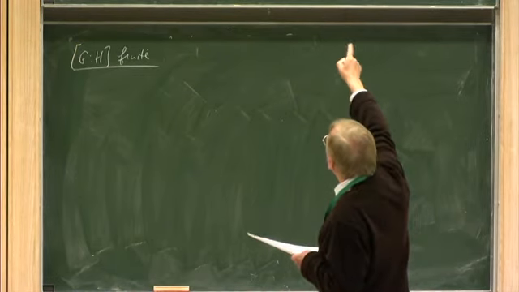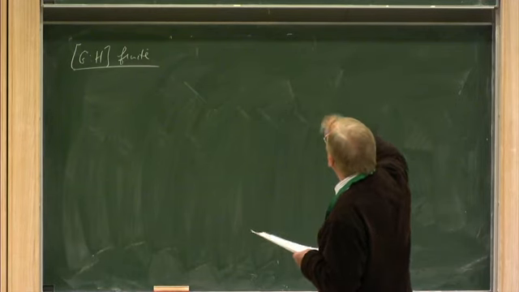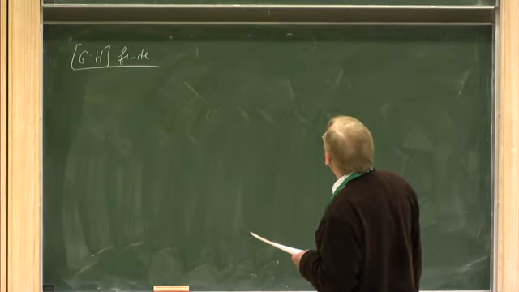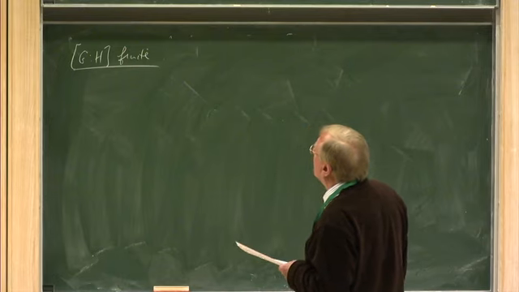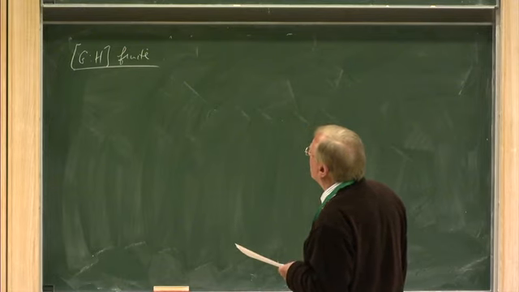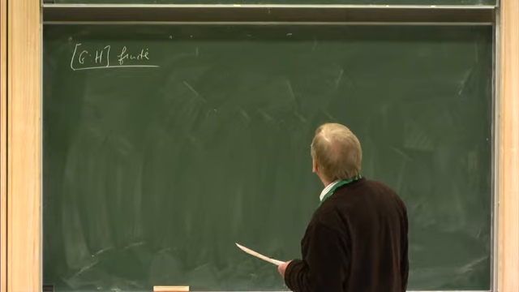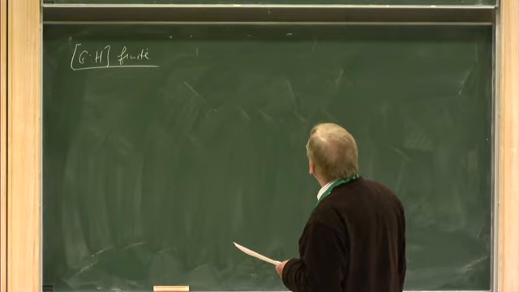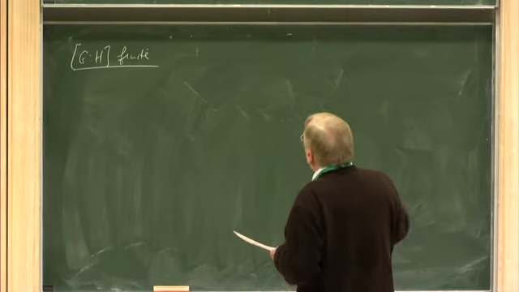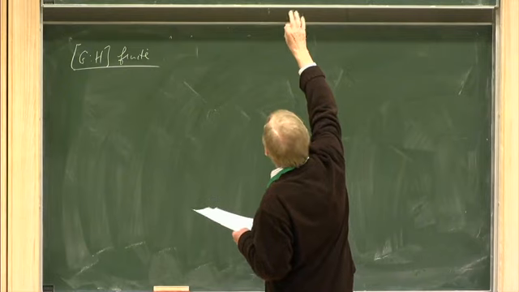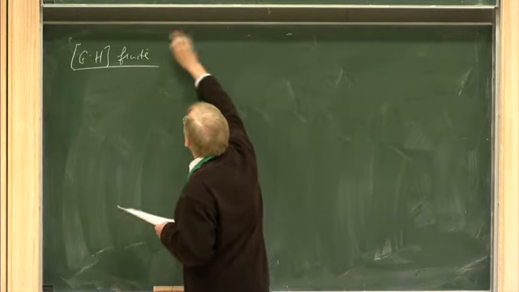Sorry. We're assuming that G has a left orderable quotient, right?